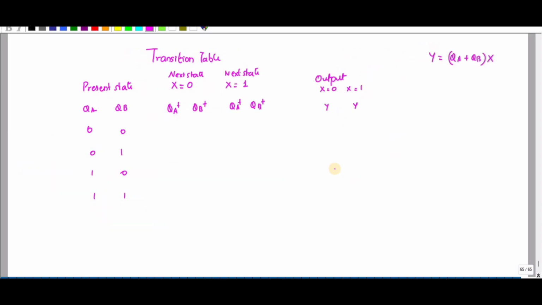If the x value is 0, the output is 0, right? So next x value is 1. This is addition, right? 0 plus 0 is 0, and 1 1 1, right?